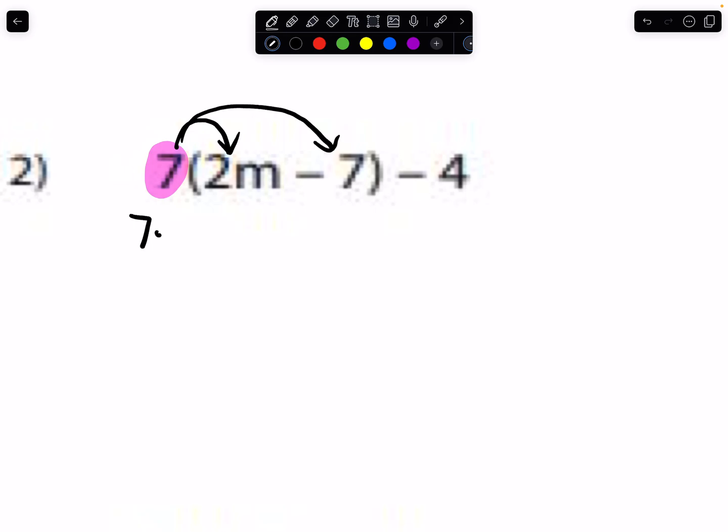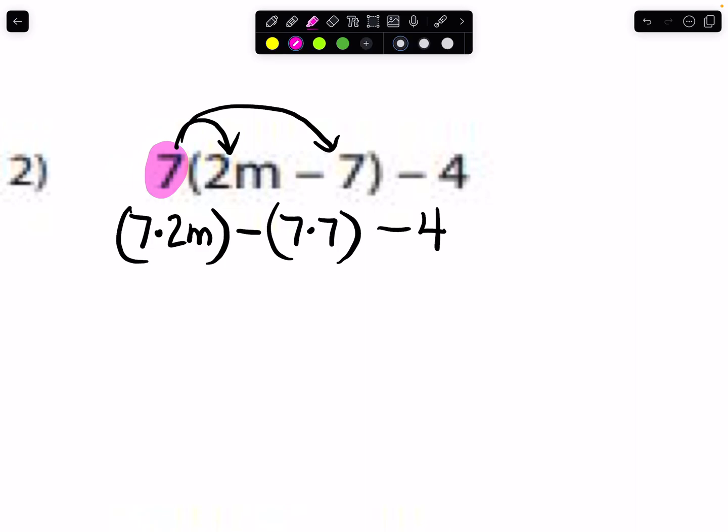We're going to go 7 with the 2M, makes a term. Bring down the minus. 7 with the 7, and then we bring our negative or our minus 4 down. Okay? So as you can tell, that 7 has been distributed to both of those terms inside of the parentheses.